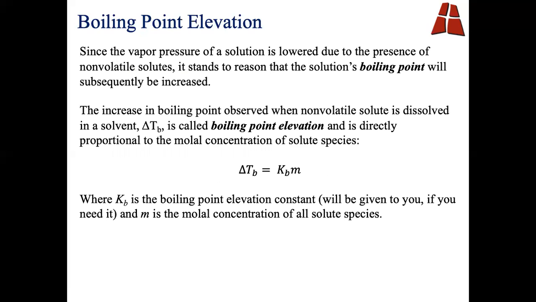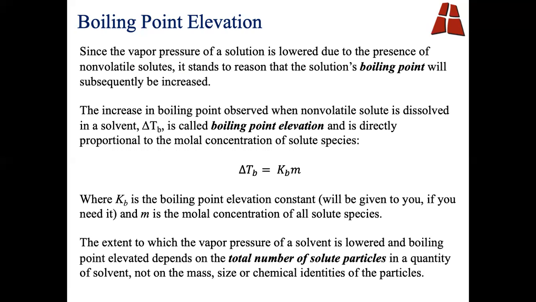It'll be given to you if you ever need it. And then our unit of concentration here is going to be molality. So a reminder, that's our lowercase m, which is the moles of our solute divided by the kilograms of our solvent, okay?